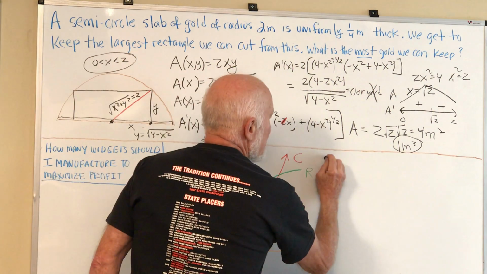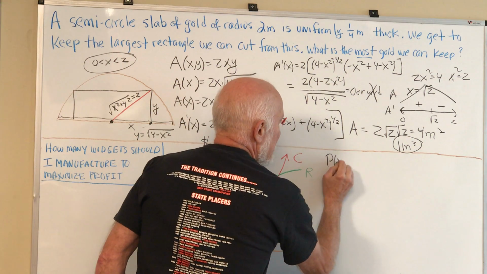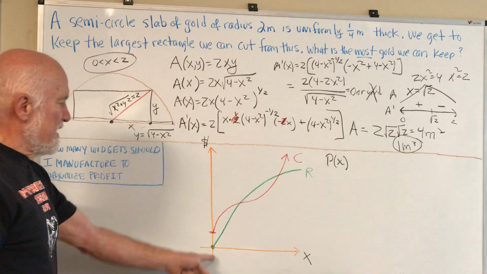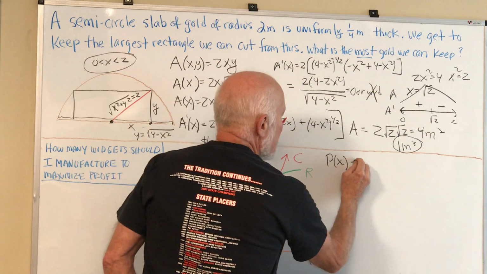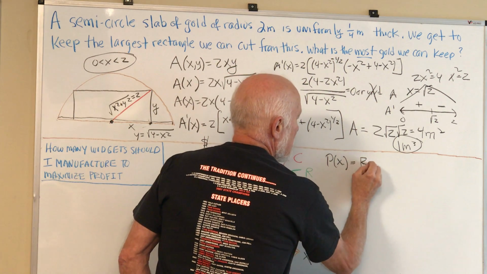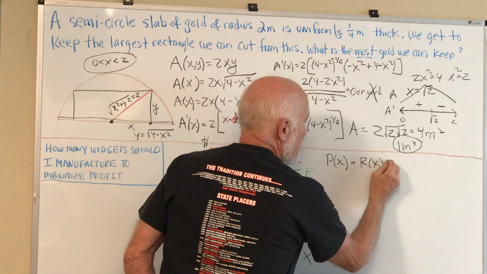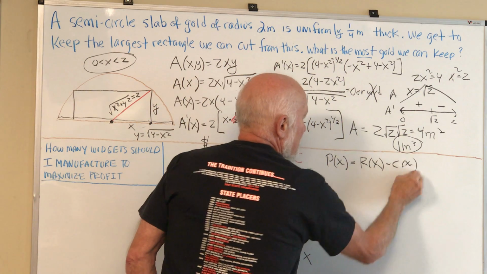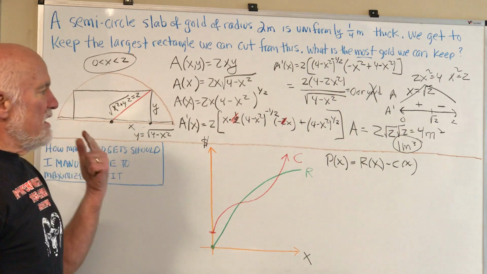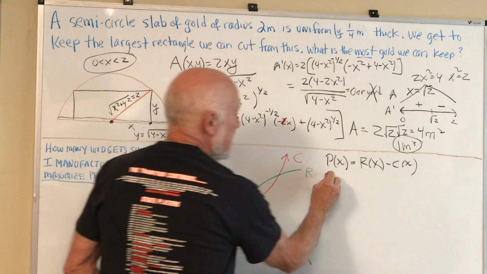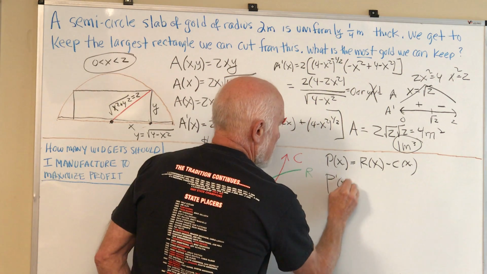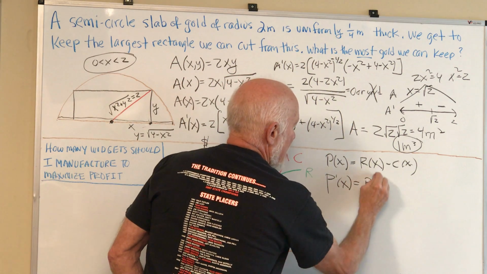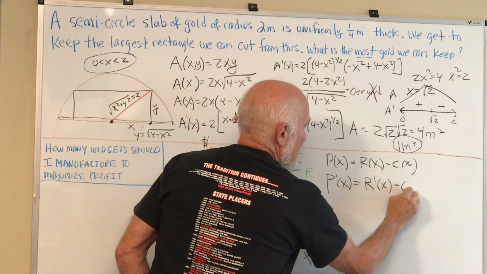Well, the profit is a function that depends on x, the number of widgets you make. So the profit is the revenue, how much you bring in, minus the cost. So how would you take the maximum of that? You would take the derivative. You get r prime of x minus c prime of x.